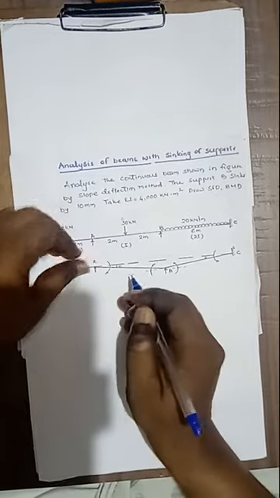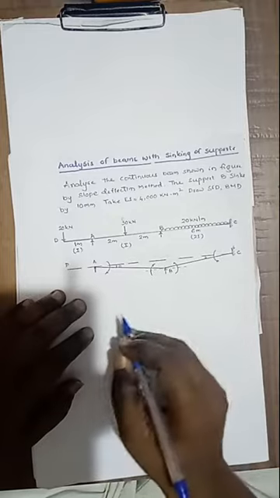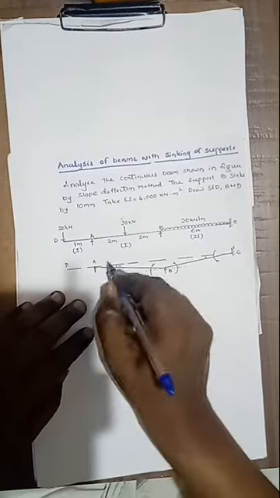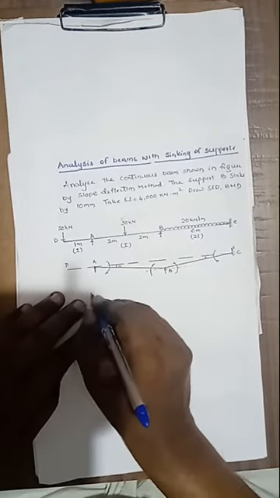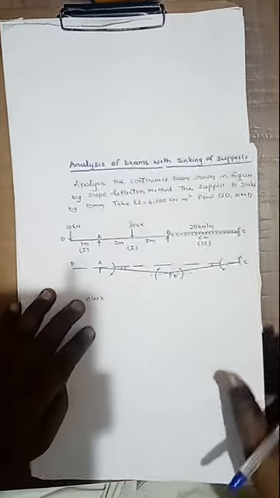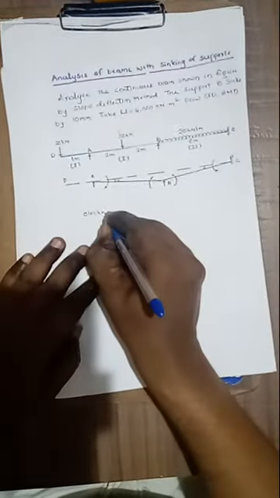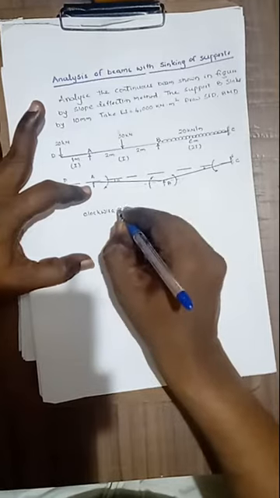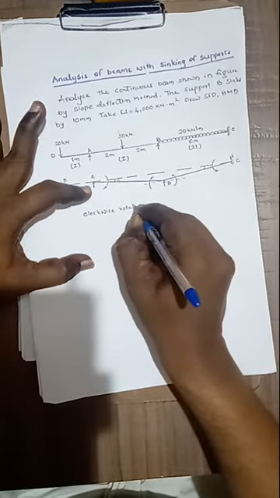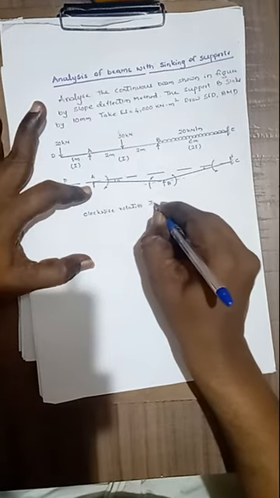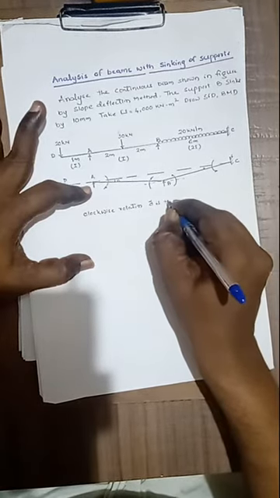Or in terms of rotation, if the rotation is clockwise, as for span AB, then delta is positive.